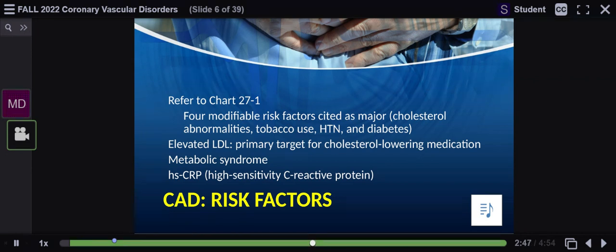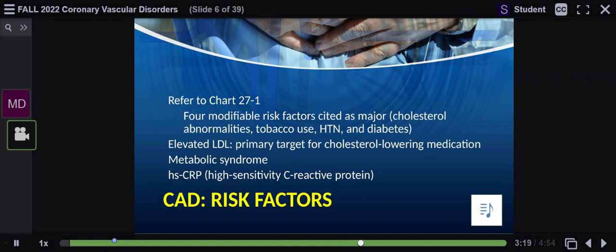Anybody with an elevated low density lipoprotein, your LDL or bad cholesterol, has a known risk factor, and it is actually the primary target of cholesterol lowering therapy. So you want to check on that every time they need labs. People at the highest risk for a cardiac event are those with known CAD, diabetes, or other vascular disease like peripheral artery disease, abdominal aortic aneurysm, or carotid artery disease.